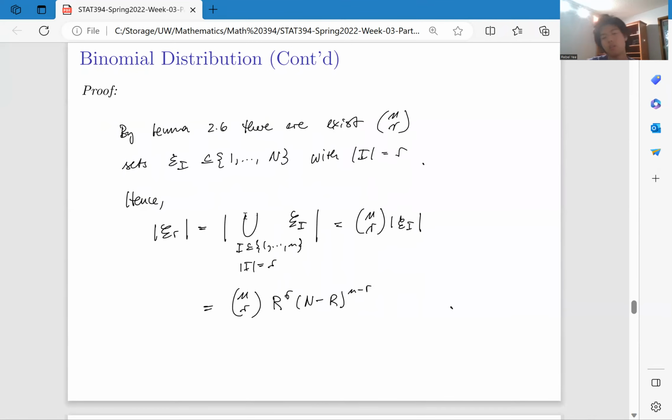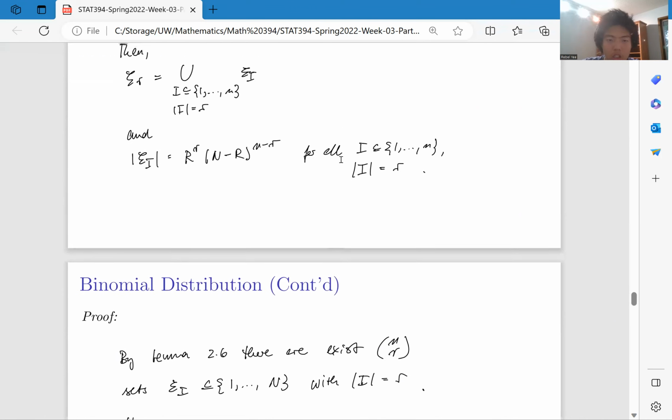Let's consider more. This case only considers one particular case, where the order is fixed. Like the first R must be red, the second is red too.